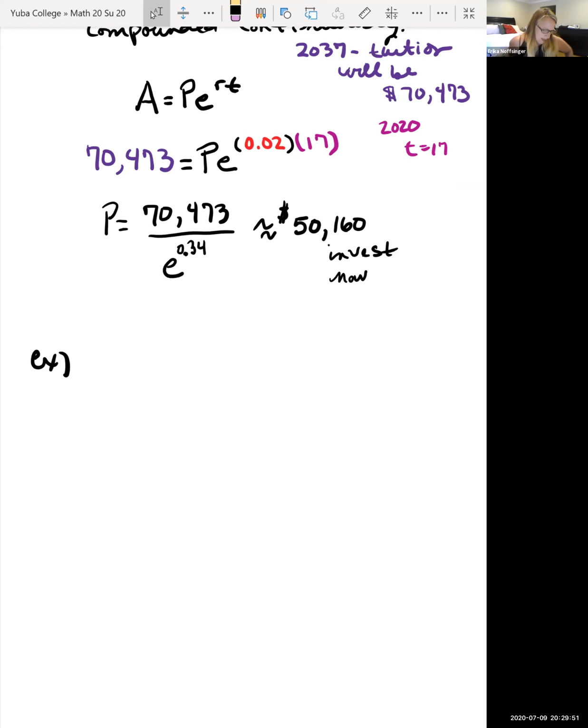Okay, so iodine 131 is a radioactive material that decays according to the function A of t equals A sub 0 e raised to the negative 0.087 t.